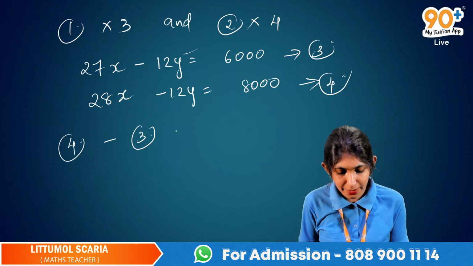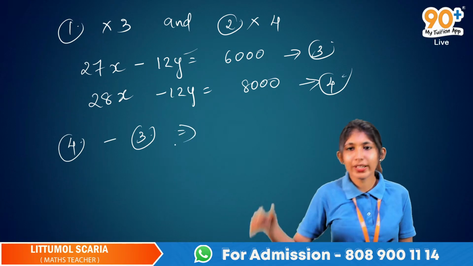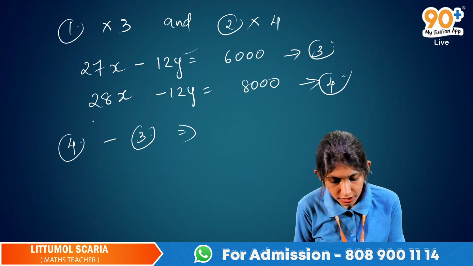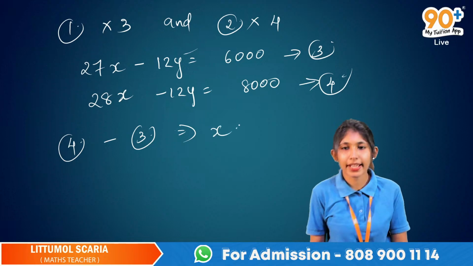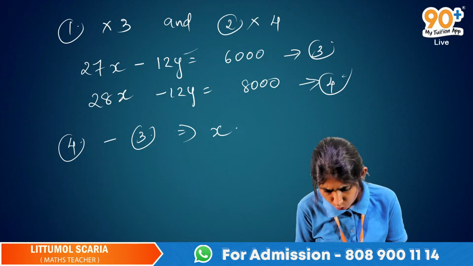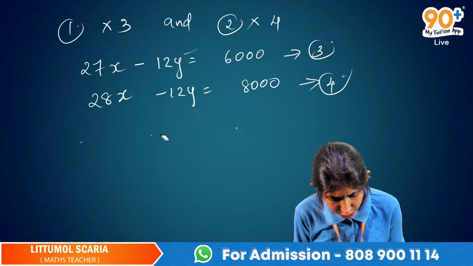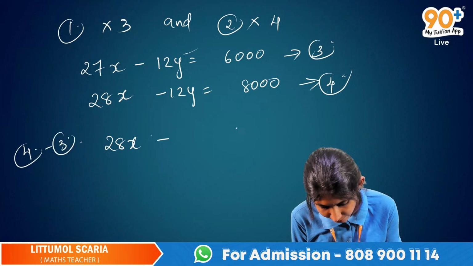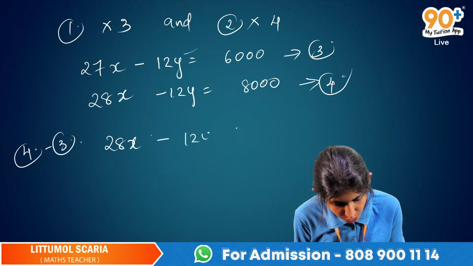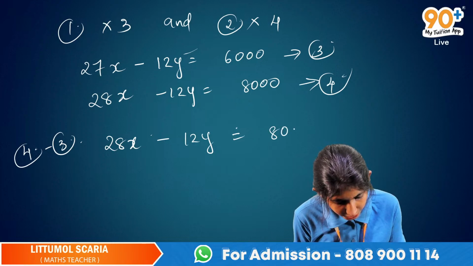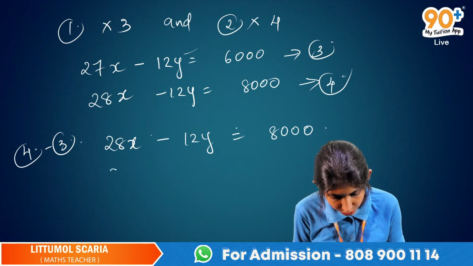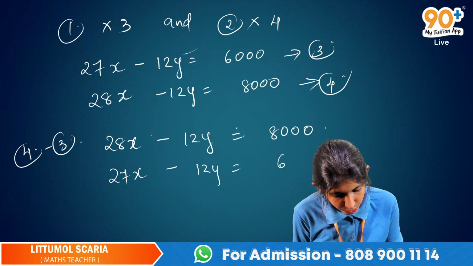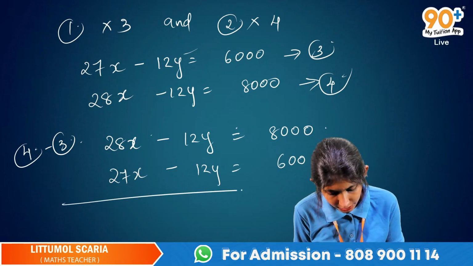So 28x minus 27x. What will you get? x. Do you want me to show the subtraction? Yes, I will show. 4 minus 3. 28x minus 12y is equal to 8000. 27x minus 12y is equal to 6000.